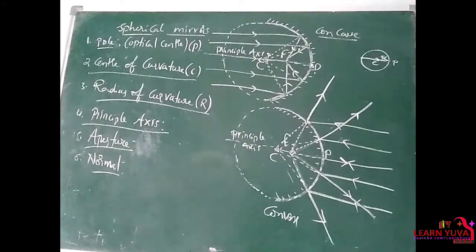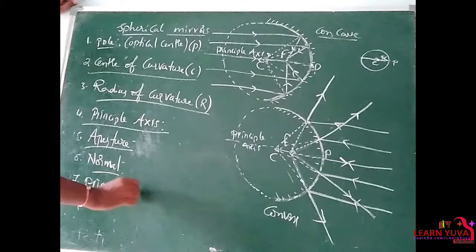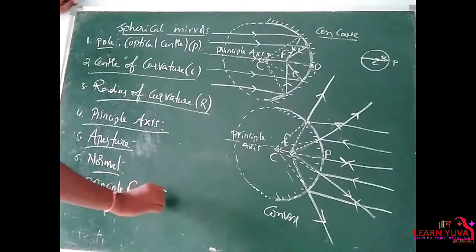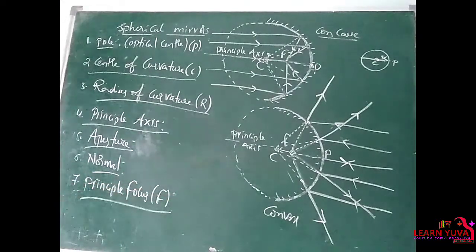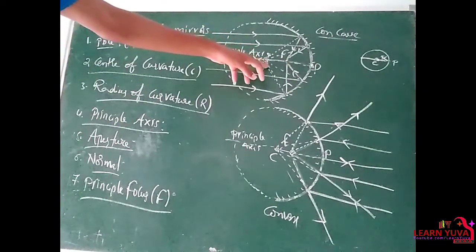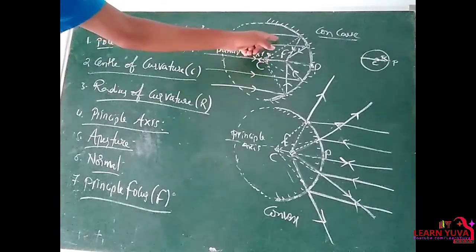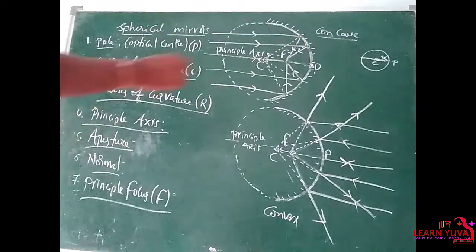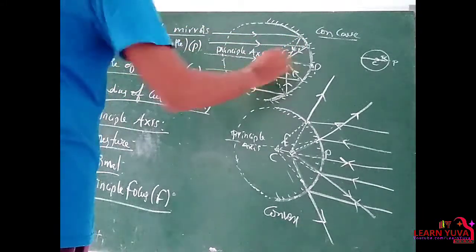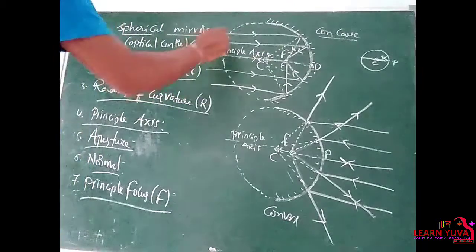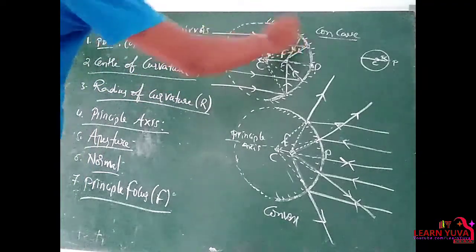Next one is principal focus, or simply focus F. In the case of a concave mirror, whenever the incident rays strike the mirror, after reflecting, the rays meet at a point. The point where the rays meet after reflection is the principal focus of a concave mirror.